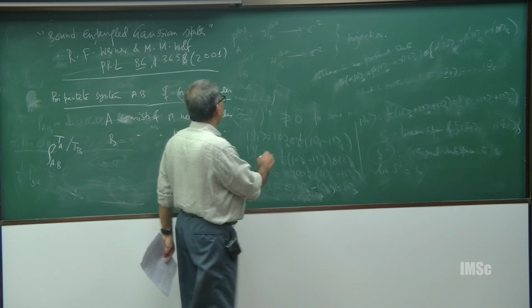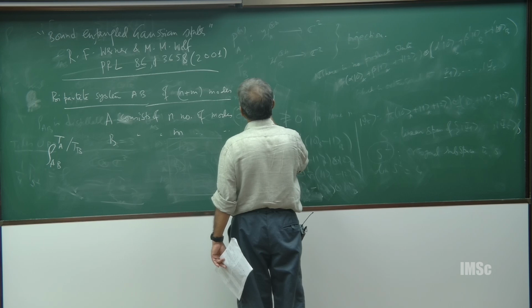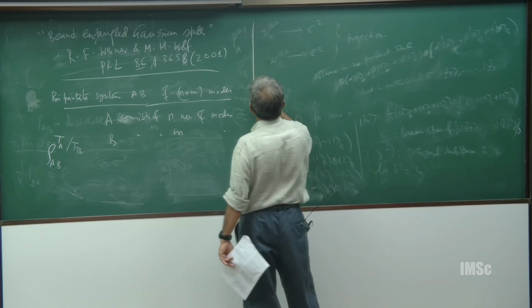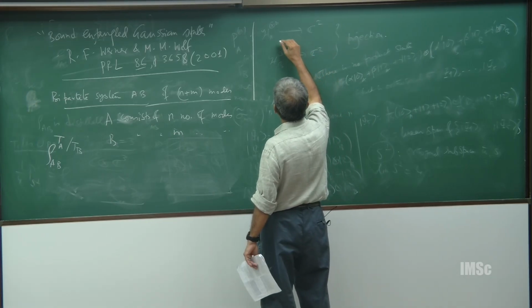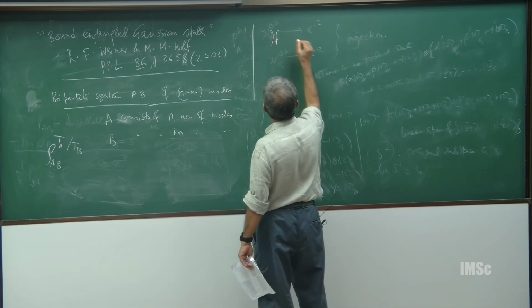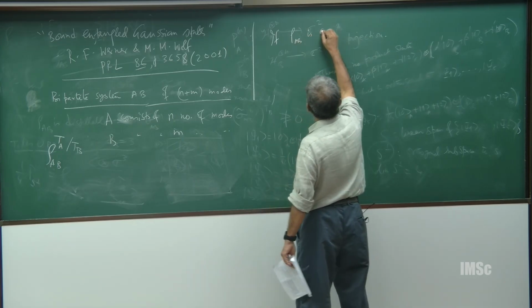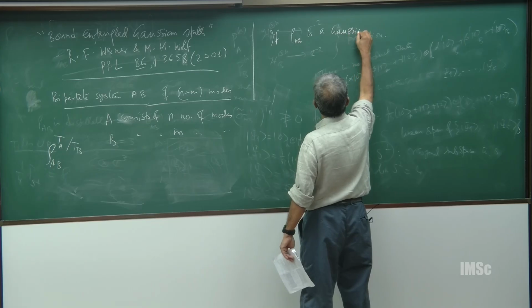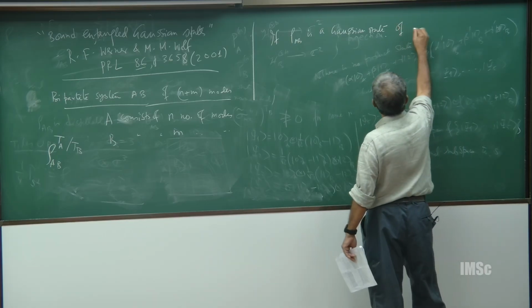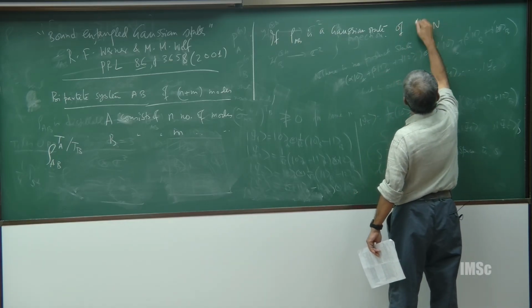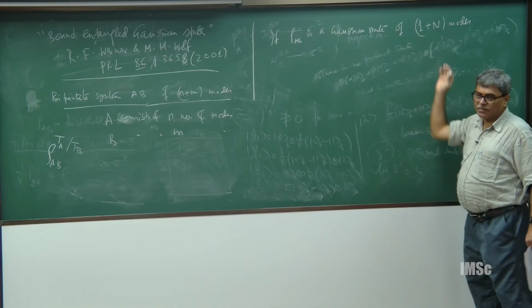So, what they have proved is the following: if rho AB is a Gaussian state of 1 plus n modes, or you can say n plus 1 modes, it does not matter.